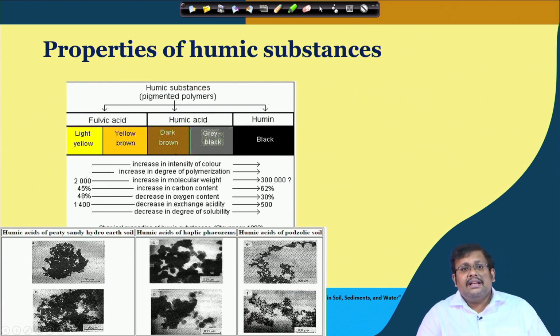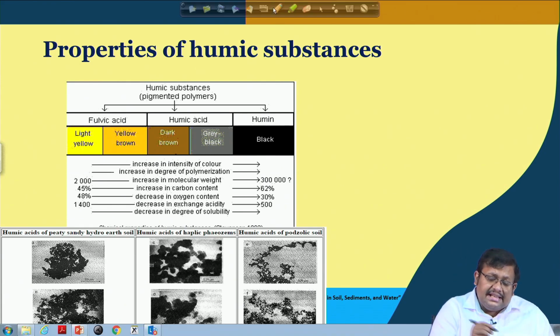If we see the properties of the humic substances, this is a very compact representation of the variation of properties between fulvic acid, humic acid and humin. The humic substances, or pigmented polymers, can be differentiated into fulvic acid, humic acid and humin. Humin is basically the insoluble part.